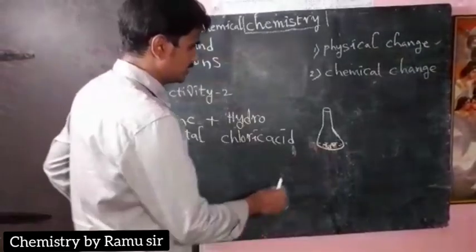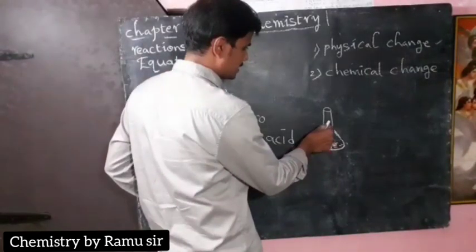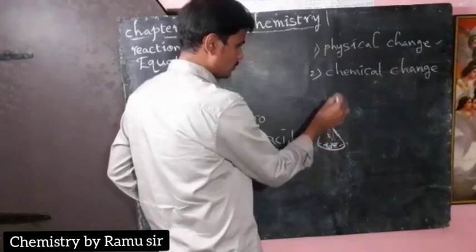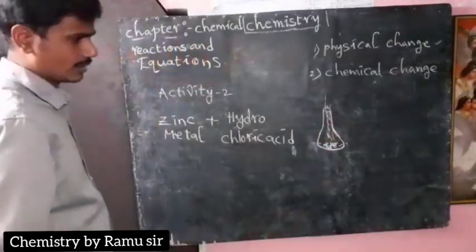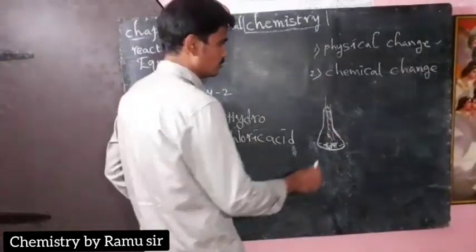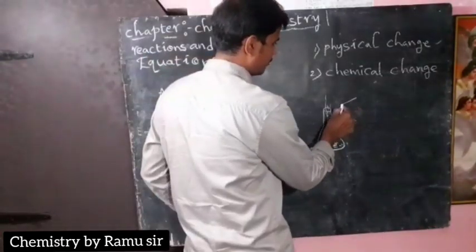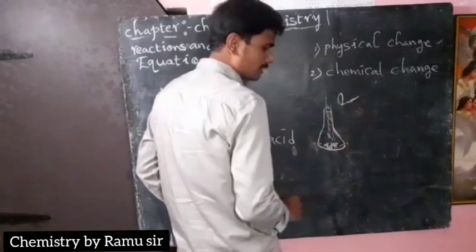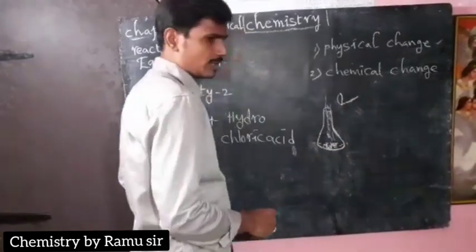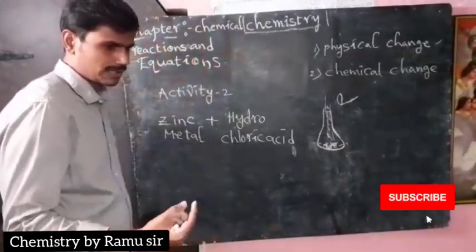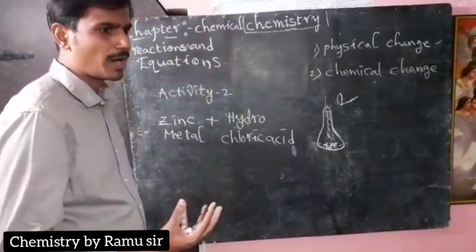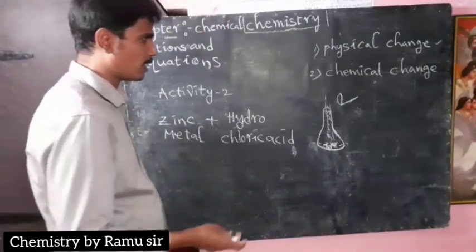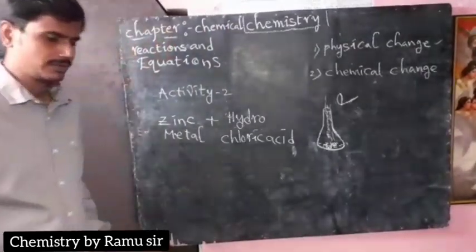Immediately one type of gas evolves from the conical flask and goes into the atmospheric air. Meanwhile, when we bring a burning splinter, a burning matchstick, near the mouth of the flask, the burning splinter flame goes off with a pop sound.